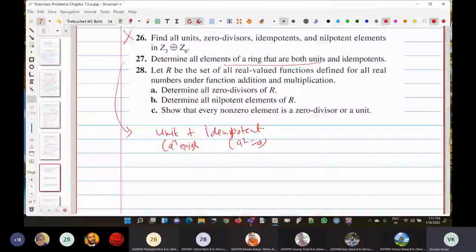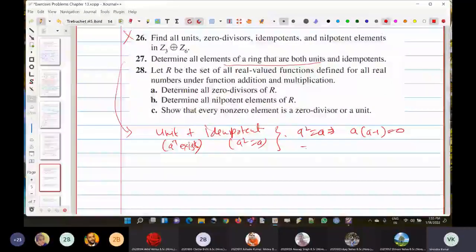So for this a, a squared equals a implies that we can write a(a - 1) equals 0. Because a is a unit, it is non-zero, so a has to be 1. The only possibility is 1.